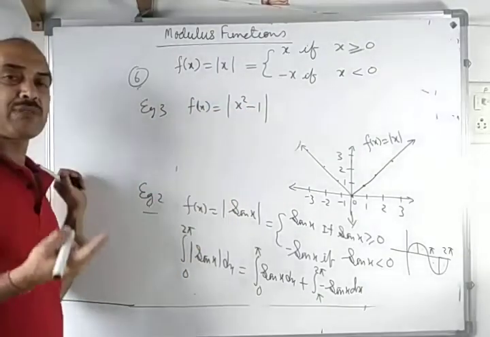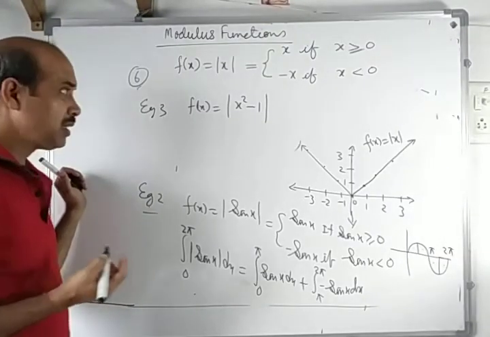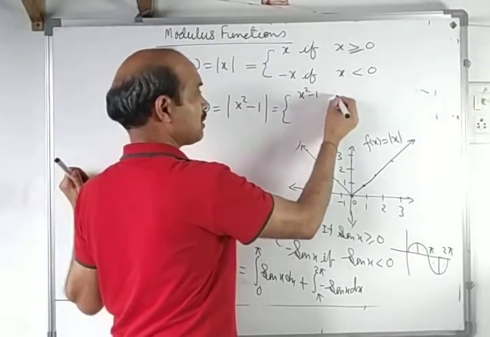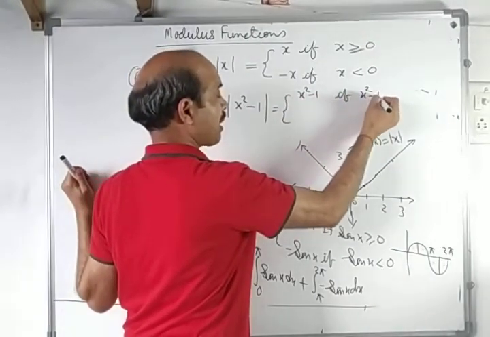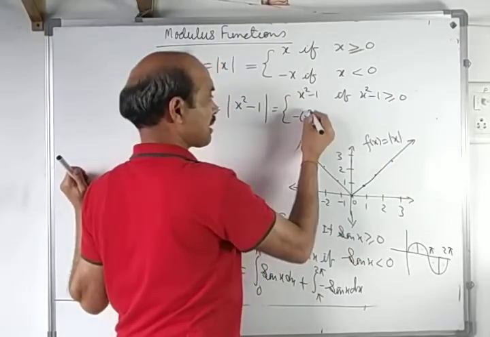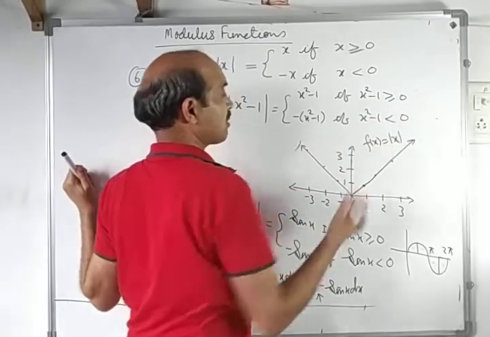If it is a quadratic function, then also we can understand it will be x square minus 1 if x square minus 1 is greater or equal to 0, and it will be minus of x square minus 1 if it is less than 0.